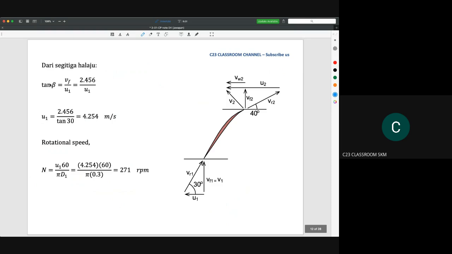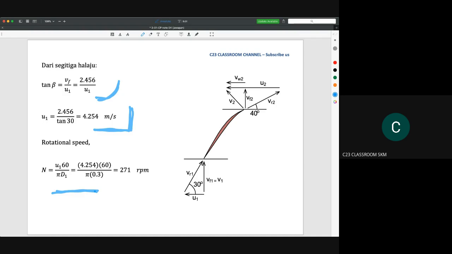We can say that tangent beta, or tangent 30 degrees, is equal to VF over U1. Then we can calculate the value of U1, which is 4.254 meter per second. Then we substitute into this equation, and we get around 270.2, so 271 RPM.